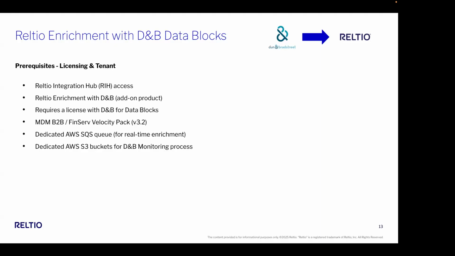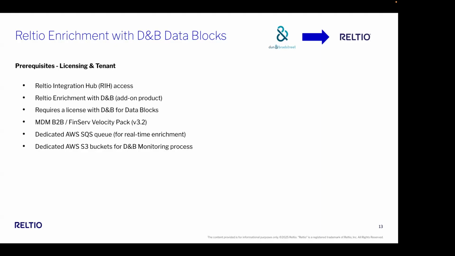And on the last two, yes, you would need a dedicated AWS SQS queue. This is mainly important for your real-time enrichment needs. That's a specific enrichment mode that most customers would ideally prefer to use.